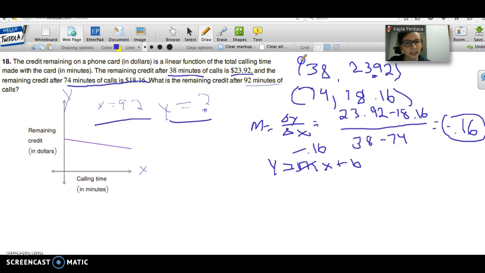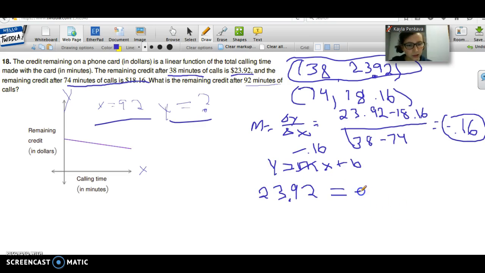And now we can take one of the points, doesn't matter which one, plug that in to solve for the y-intercept, which is b. So I'm going to pick the first point. The first point's y value is 23.92, so I'm going to write 23.92 replacing y.